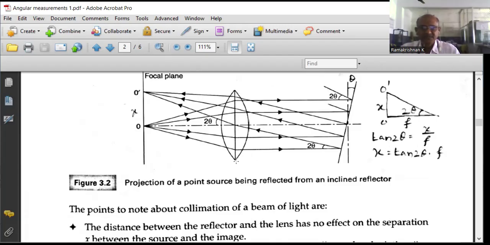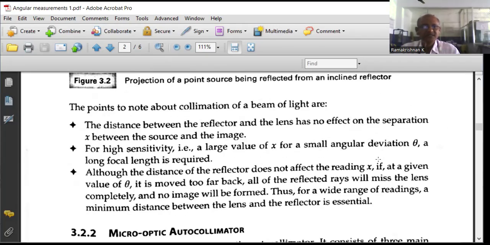The distance between the collimating lens and the plane reflector is not taken into account, so it has no effect on the measurement. For high sensitivity, a large value of x for a smaller angle deviation theta, a larger focal length is required.